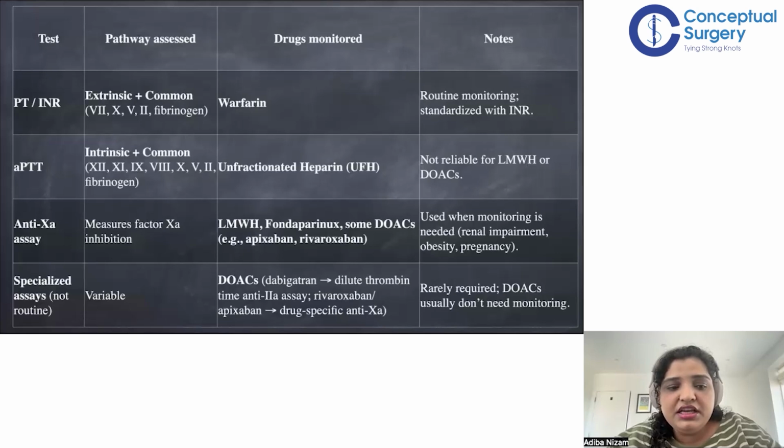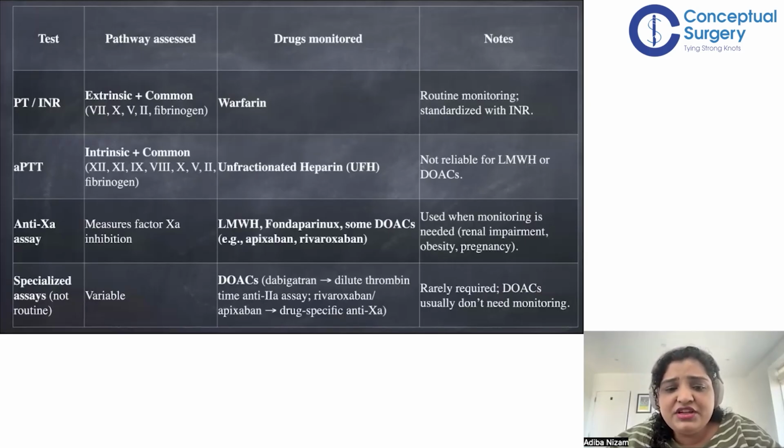Usually with low molecular weight heparins and direct oral anticoagulants, we do not require monitoring. There are very few cases, such as renal impairment and pregnancy, where monitoring may be required. And when we do need this monitoring, we have to perform anti-factor 10A assays, which will measure the factor 10A inhibition by these drugs.